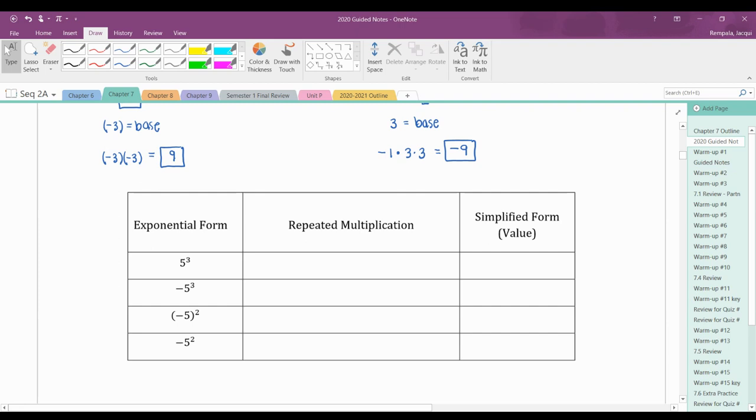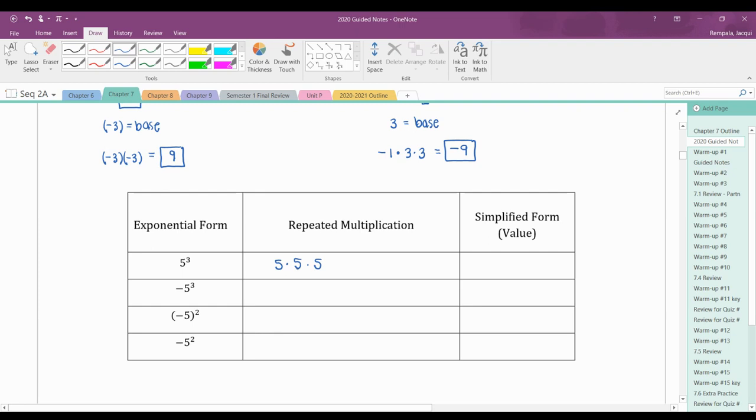What we essentially just did was called repeated multiplication. The exponent tells us how many times we repeat the base, so then we can multiply them together. So notice that in this top example, 5 to the third power, 5 is the base, 3 is the exponent. So that means I want to repeat that base of 5 three times.